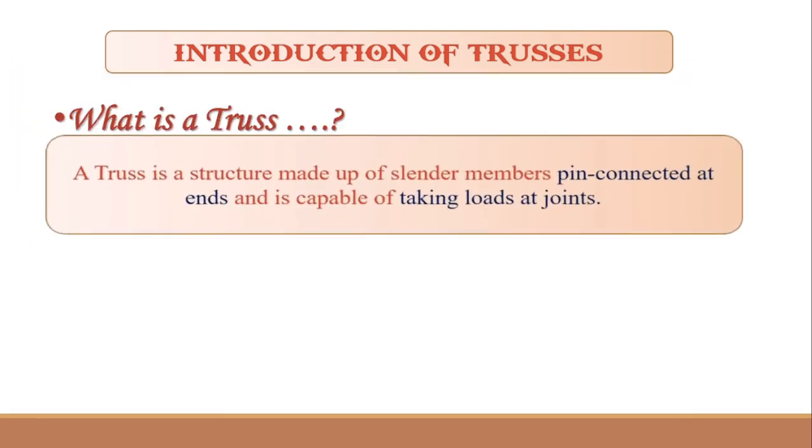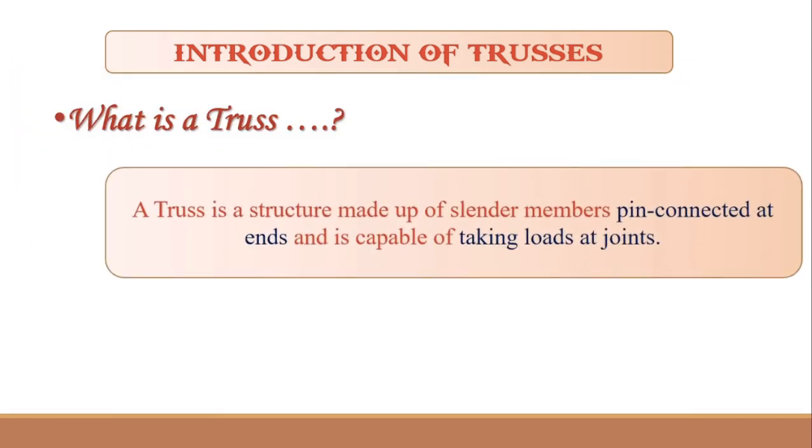So a truss is a structure made up of slender members, pin connected at ends, and is capable of taking loads at joints. Slender members means very thin members, which are pin connected. The connection from one member to another is by pin connection.